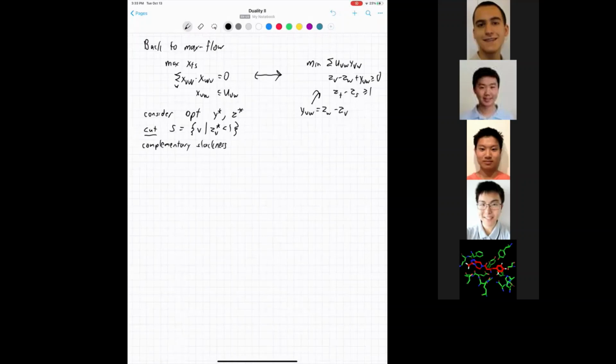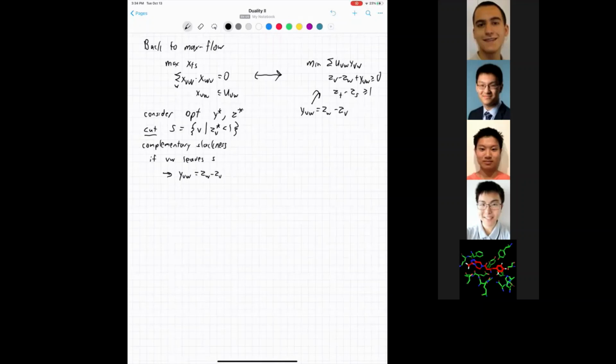Okay, so notice that S is on this side because Z_S is 0. And some other vertices might be on this side as well. So suppose that an edge VW leaves the set S. What does that tell me? Well, that tells me that Y_VW, which is equal to Z_W minus Z_V, right?